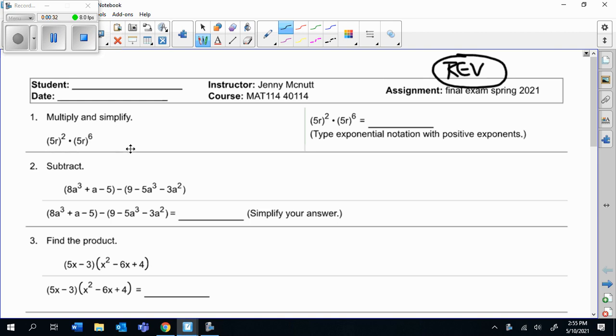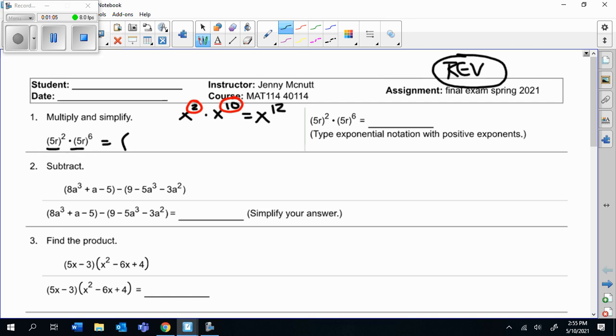So it says multiply and simplify. Notice that these things are the same. And so this goes back to the product rule, where if you have x squared times, say, x to the 10th, if the bases are the same, you add these exponents. And so 2 plus 10 is x to the 12th. So here we have 5r squared times 5r to the 6th.